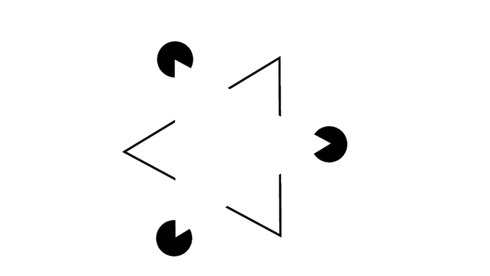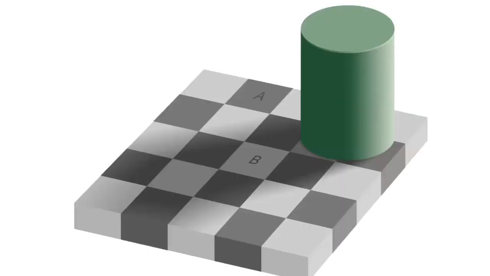But yet, I can see the Star of David. So this is how the brain is trying to process this figure and make something make sense out of it. And this is perhaps the most interesting of all the optical illusions that we're gonna see today.